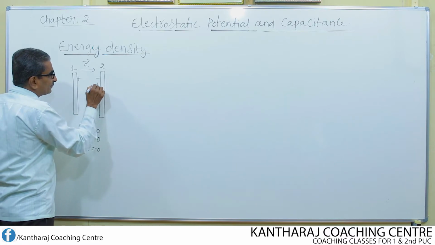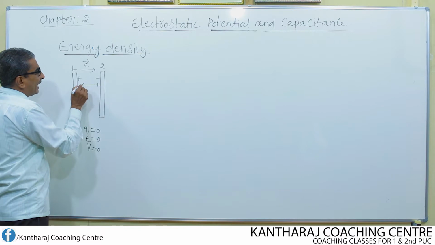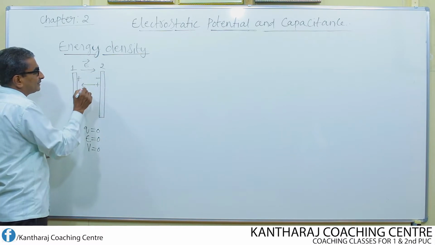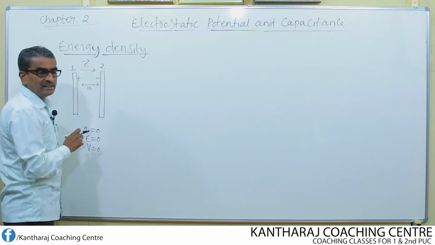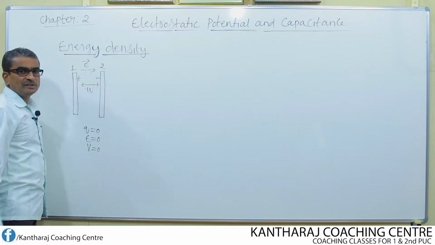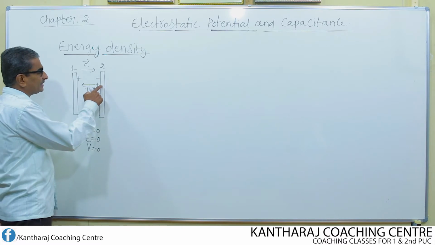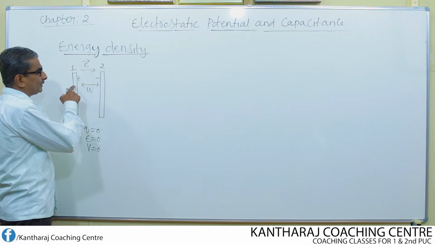Now to transfer the second positive charge from plate 2 to plate 1 against this electric field, some work should be done. In this case, work done is not equal to 0. So certainly work should be done in transferring the second charge.